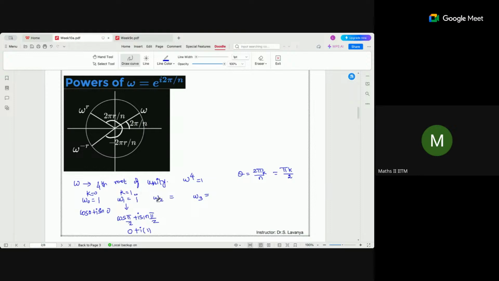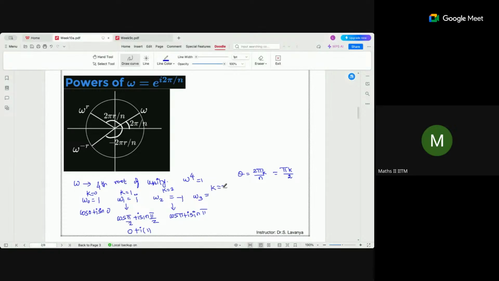Then what about omega 2? k is equal to 2, so you have cos pi plus i sin pi. Cos pi is minus 1 and sin pi is 0, so here you will have minus 1.